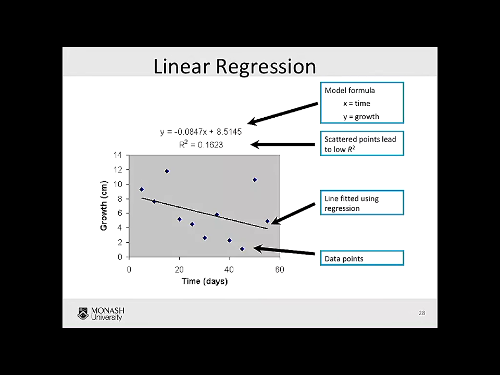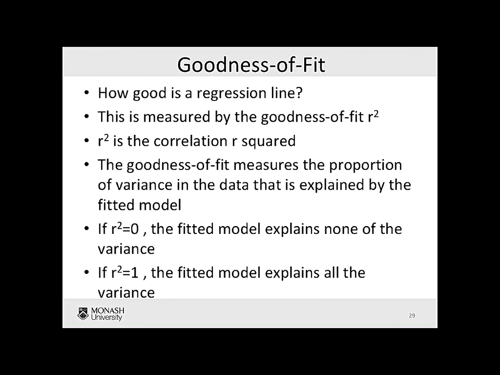So it's the goodness of fit value, and it gives us that value here for our line. That's what goodness of fit means. It's how good is the regression line? It's measured with the R2, which is correlation squared.